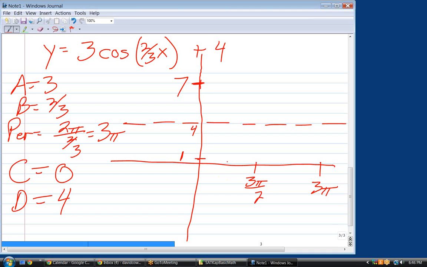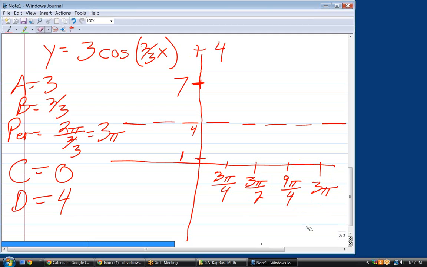Then what's this point here? 3 pi over 4. And then in the middle it would be 9 pi over 4. The way to figure that out is to take the half, add that, and divide by 2. That gives you that middle point.